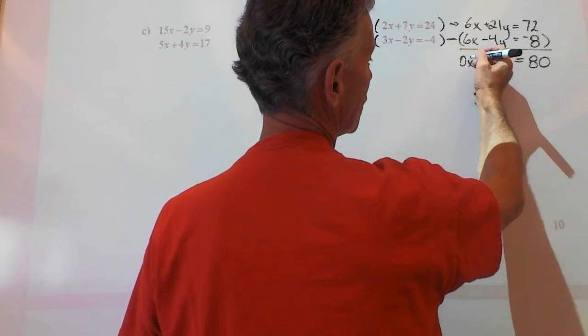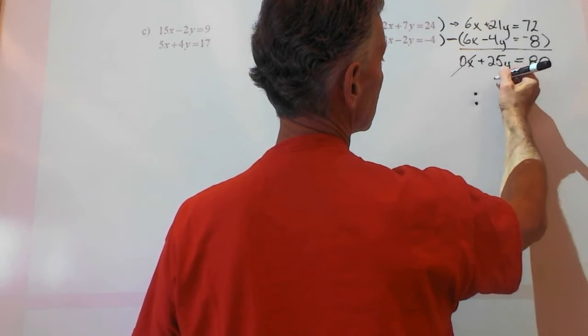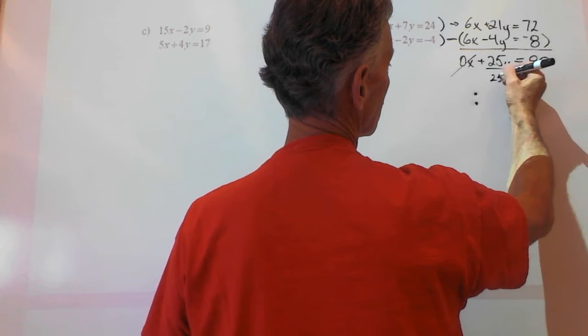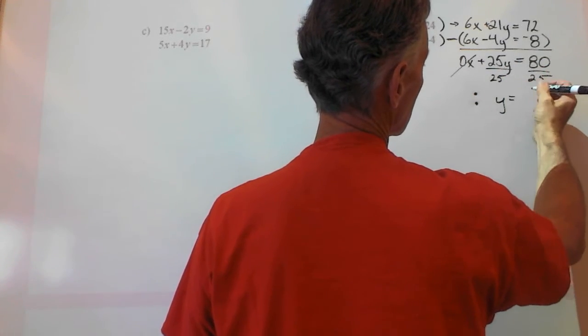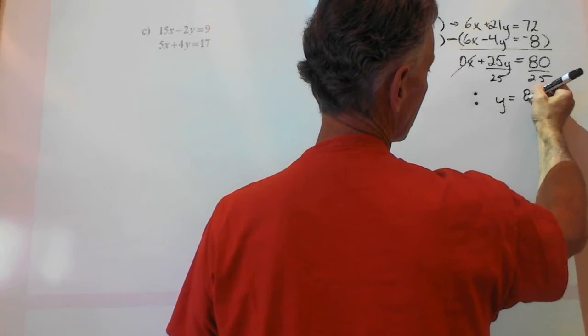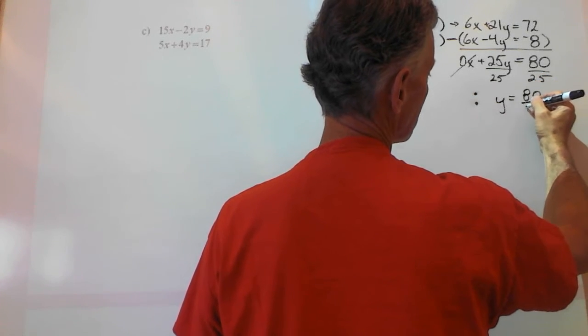Isolate y. You know this will just disappear. We can divide both sides by 25, and that will give us y equals 80 over 25, which is kind of cumbersome.